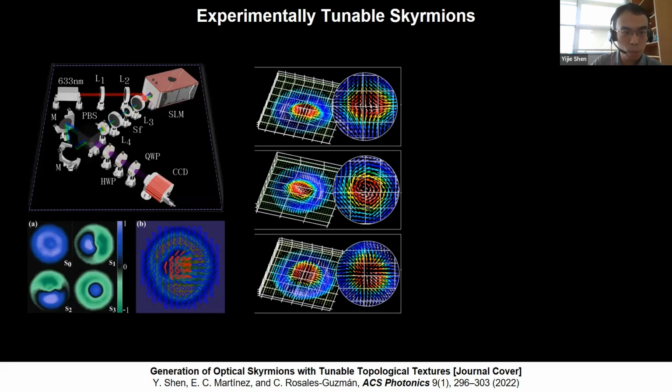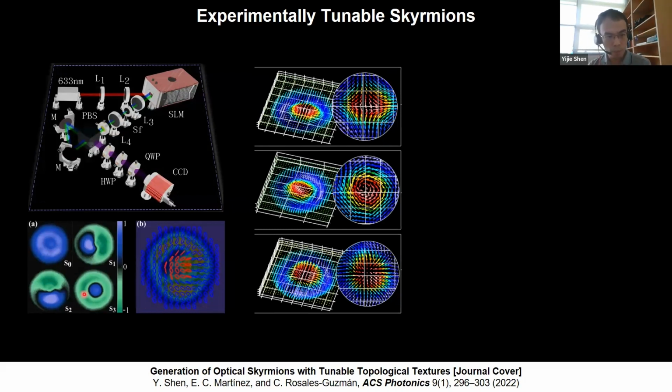The two spatial modes are shaped on demand for the two components, the RCP and LCP components. After that, we use an interferometer to superpose these two modes together, and we generate a spatially varying polarization pattern. Now here is the result of our experiment.